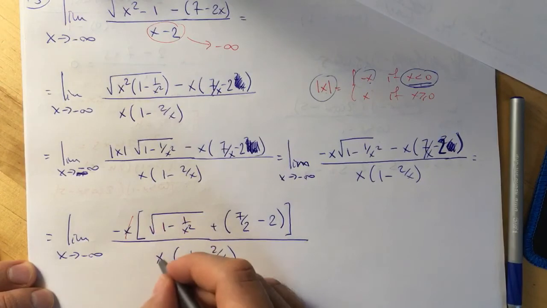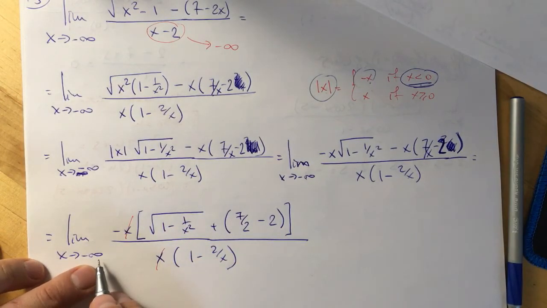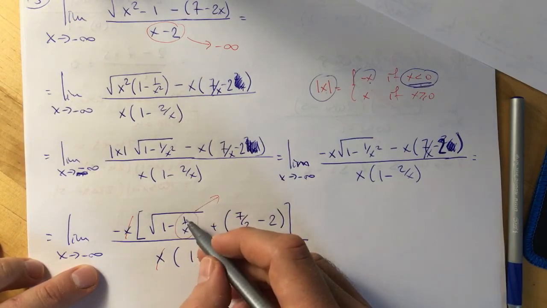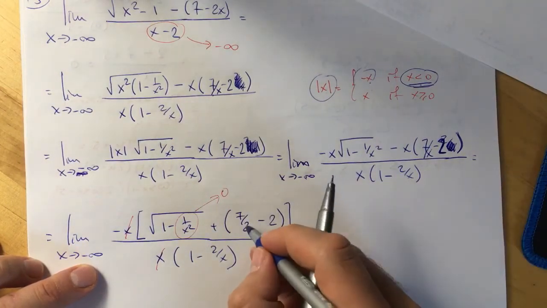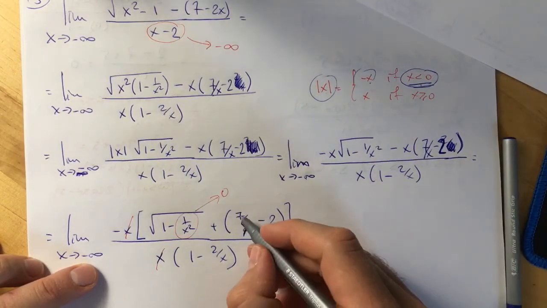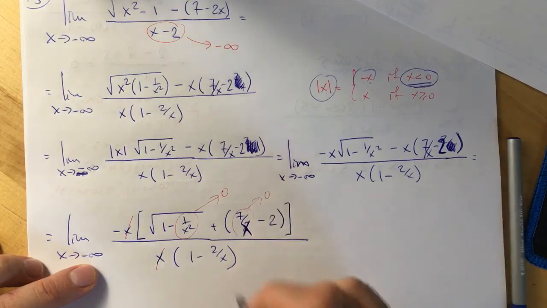Now cancel these two, send x to infinity, right? We know that if the numerator is any constant and the denominator goes to positive or negative infinity, that ratio will approach 0. This is 7 over x. I don't know why I keep on making this mistake here. The numerator is 7, the denominator goes to negative infinity, that ratio will approach 0.